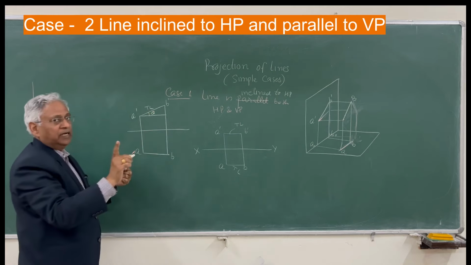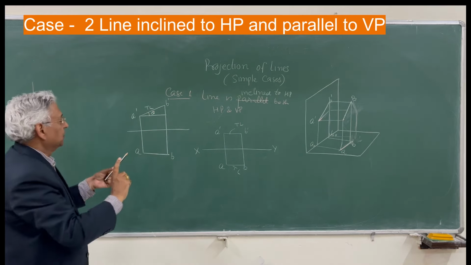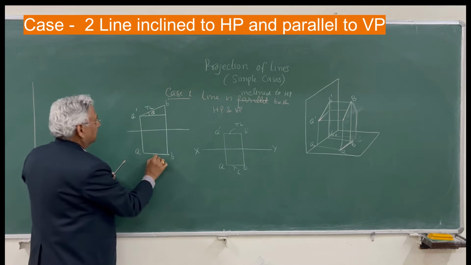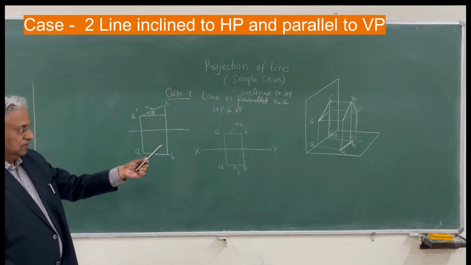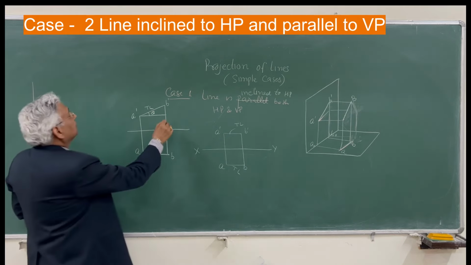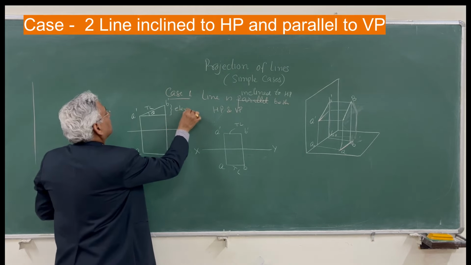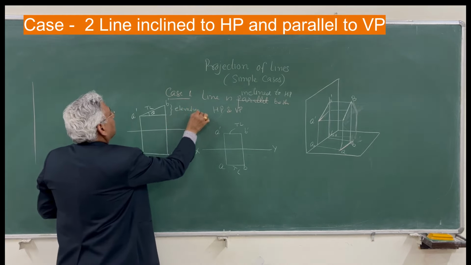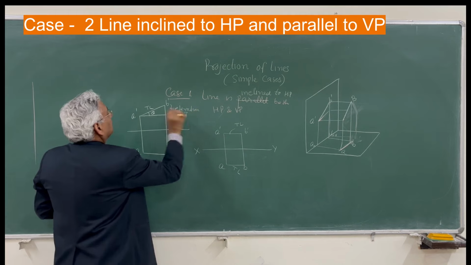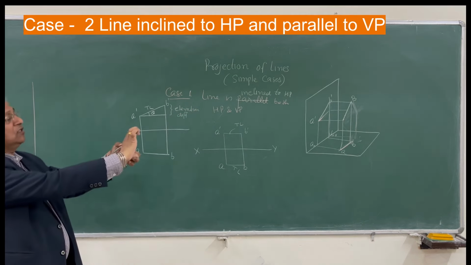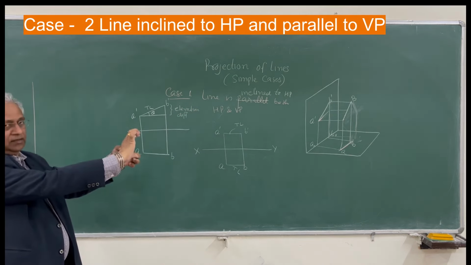Theta is the angle made by the line with the horizontal plane, and this is the plan AB. Now this is what is called the elevation difference, that is, the difference in height of the two ends of the line.